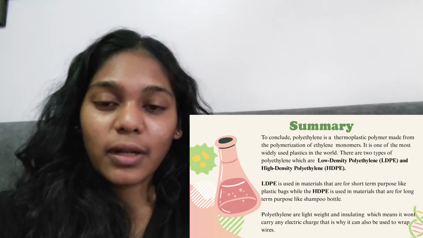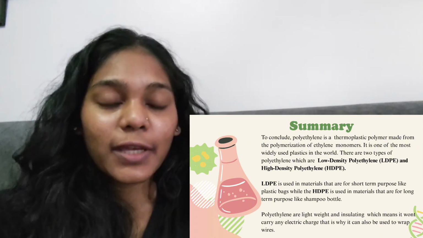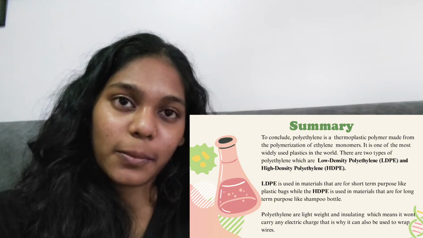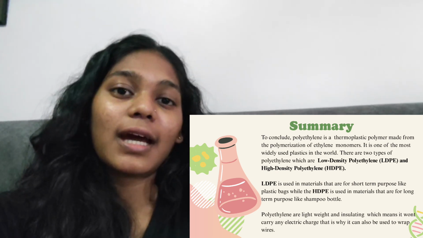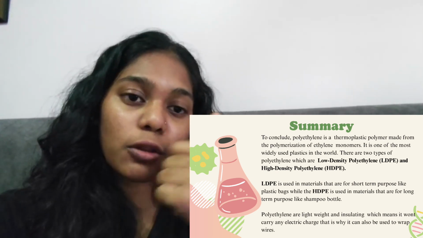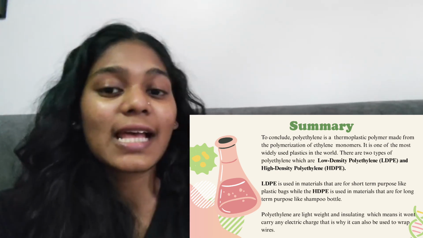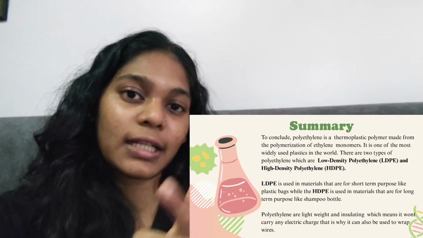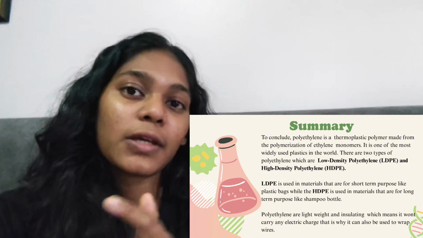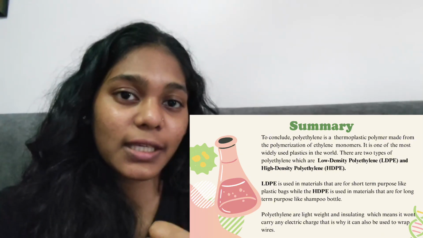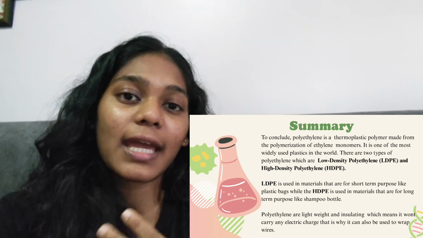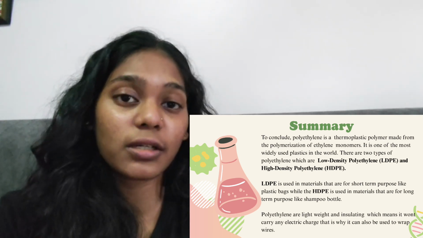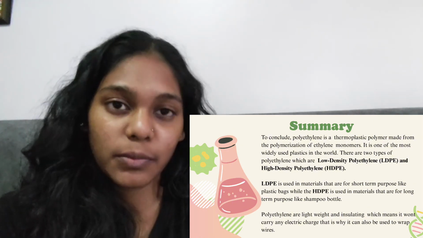We can also conclude that polyethylene is a thermoplastic polymer made from polymerization of ethylene monomers, and it is one of the most widely used plastics in the world. There are two types of polyethylene, low density polyethylene, known as LDPE, and high density polyethylene, known as HDPE. As I mentioned earlier, LDPE is used in materials for short-term purposes, like plastic bags, while HDPE is used in materials for long-term purposes, like shampoo bottles.